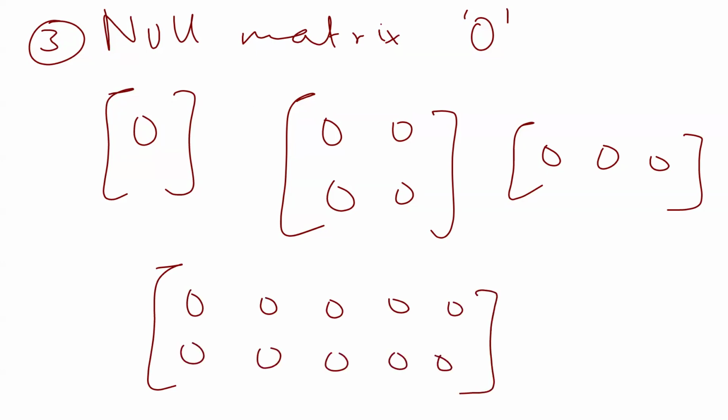Every single object will be zero. You will not find any other object apart from zero. So individual objects are zero. That's a null matrix.